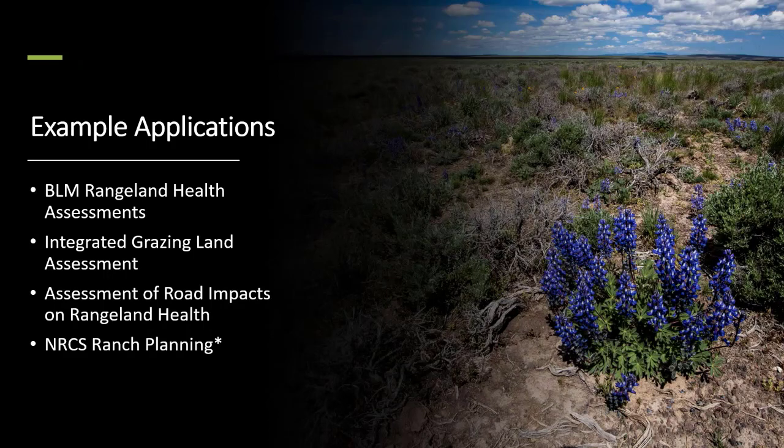And it's also frequently used for NRCS ranch planning. There is an asterisk by the NRCS ranch planning bullet because in that protocol, typically NRCS uses the indicator ratings individually to focus ranch management planning, but does not use the full attribute rating protocol that is recommended by IIRH.